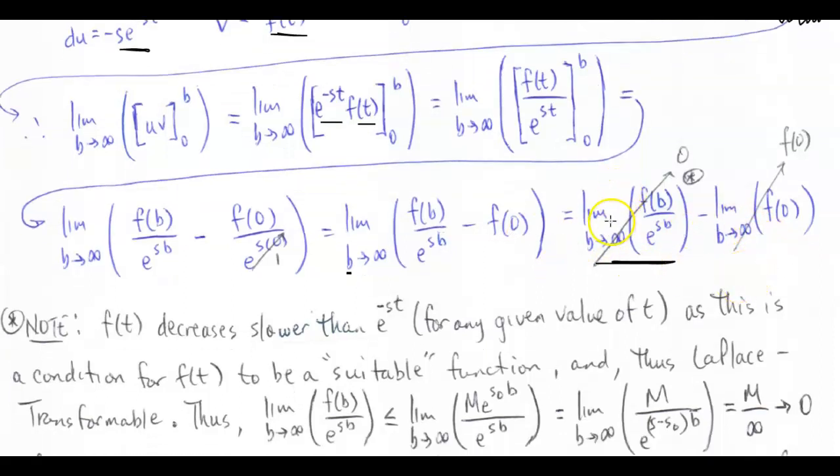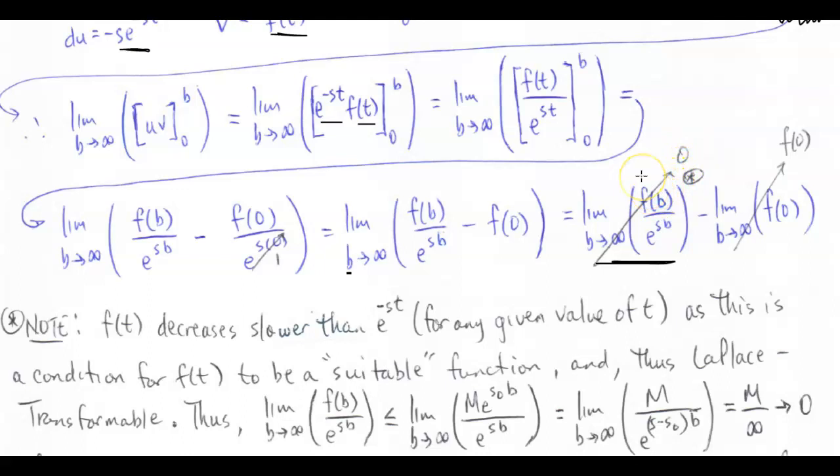Now we know that for some function f and e raised to the sb, in order for f to be Laplace transformable, this function here would have to grow slower than this one. Because of that, the limit of any function that grows slower than e raised to the sb is going to have to be 0.